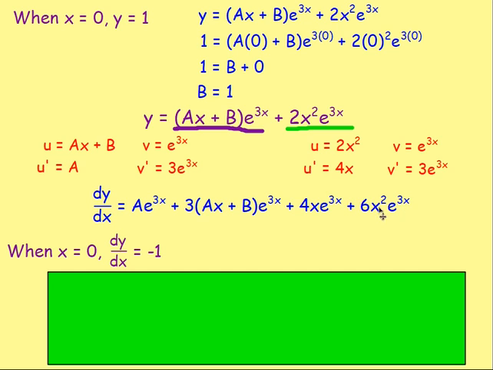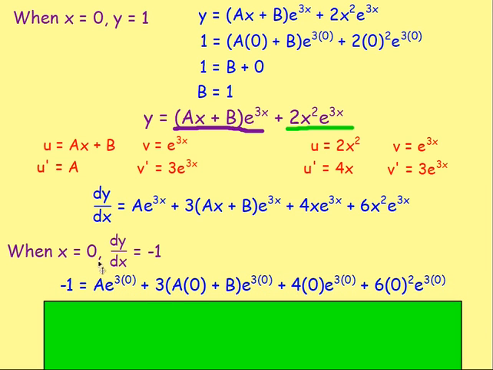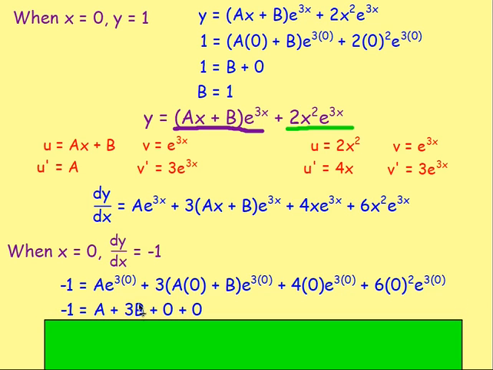You know that when x is 0, dy by dx was negative 1, so you can replace dy by dx with negative 1, replace all the x's with 0, and that is what you would end up with. From there, that just becomes a times 1, which is a. You'd have a times 0, which is 0. That leaves you a b. It's b times 3 times that becomes 1, so it's 3b.